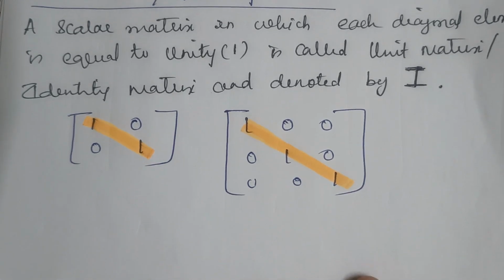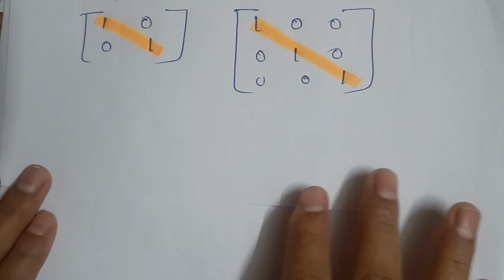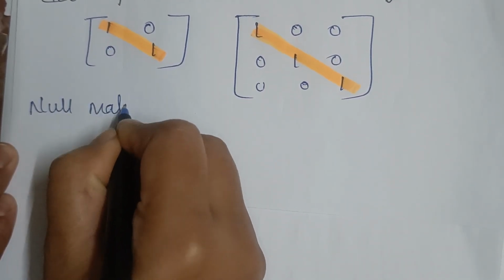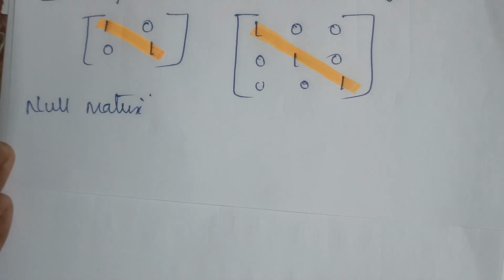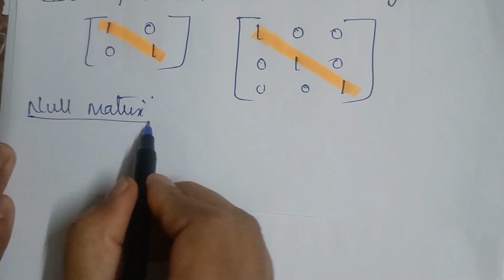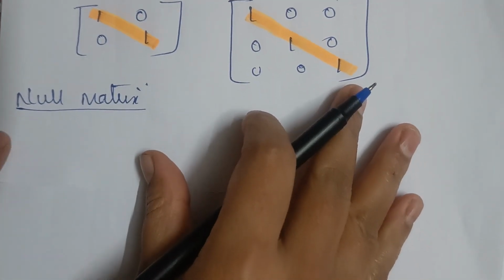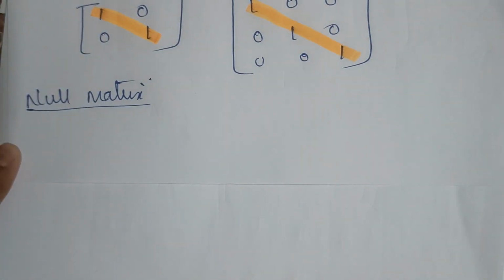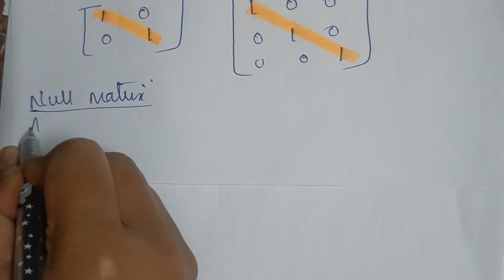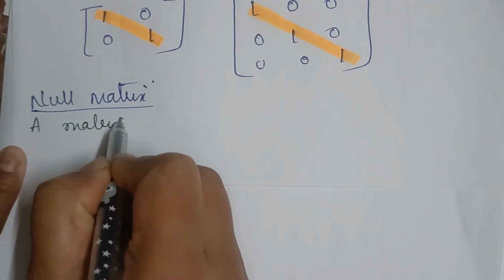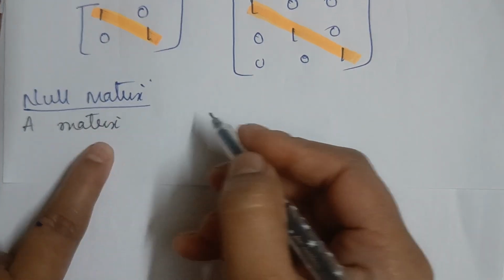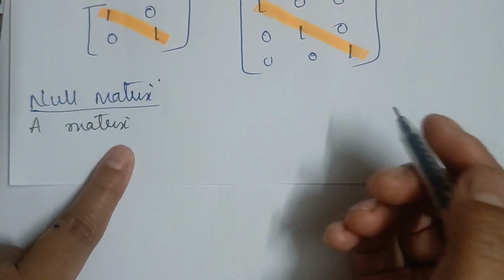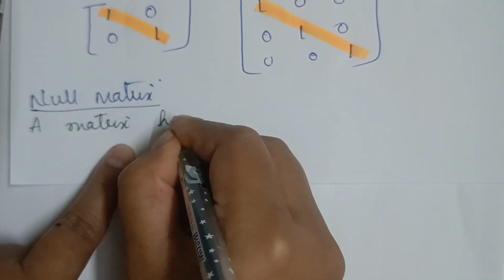The next we have is null matrix. From null itself you can understand what it means, a matrix which contains all zeros, everything is null. So I'll just write down the definition. It might be asked in a question for 1 or 2 marks, but having the knowledge of these matrices is very important, as you are going to solve many matrix problems.